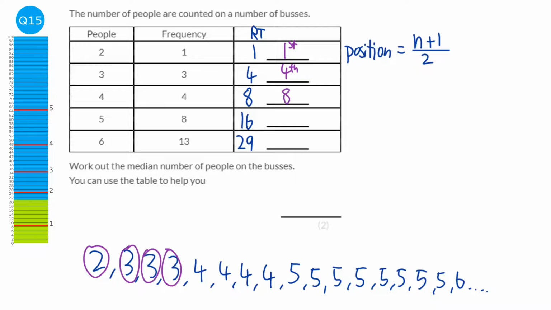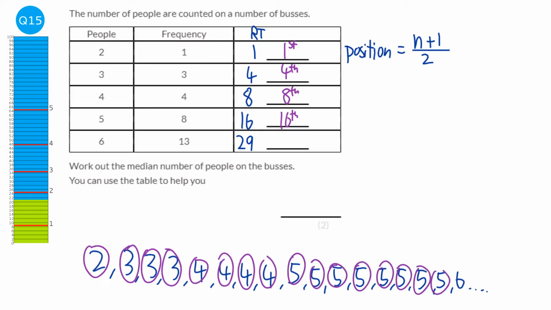This 8 shows us the 8th number is the last number that's a 4, let's check that. So 4, 5, 6, 7, 8. This 16 shows us the 16th number is the last number that's a 5. So 9, 10, 11, 12, 13, 14, 15, 16. And this 29 here shows us that the 29th number is the last number, and it's the last number that's a 6.